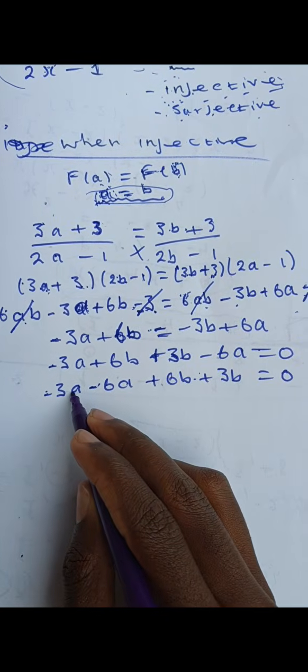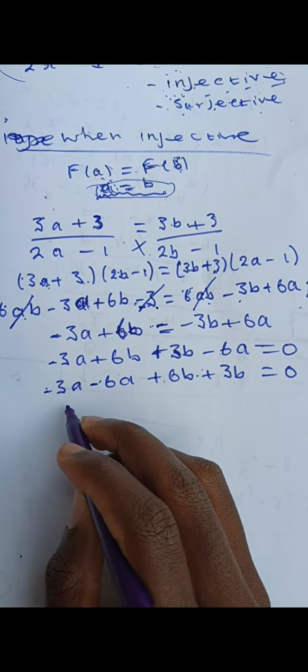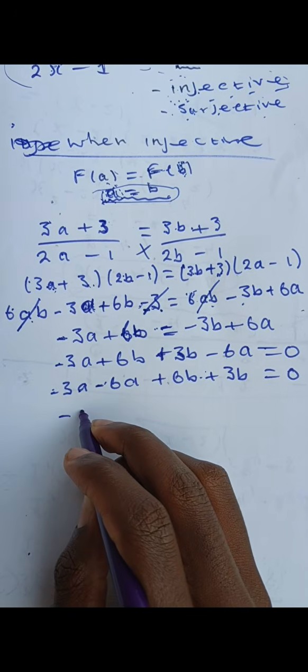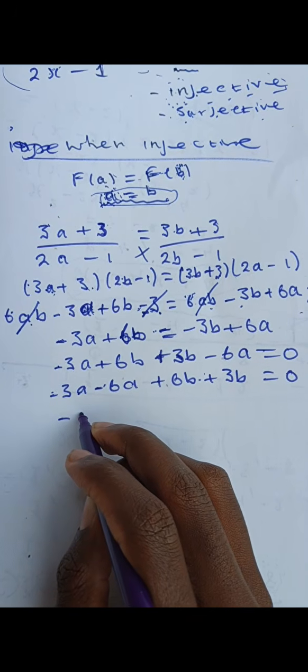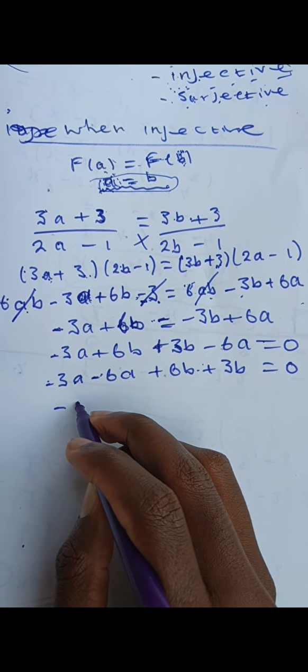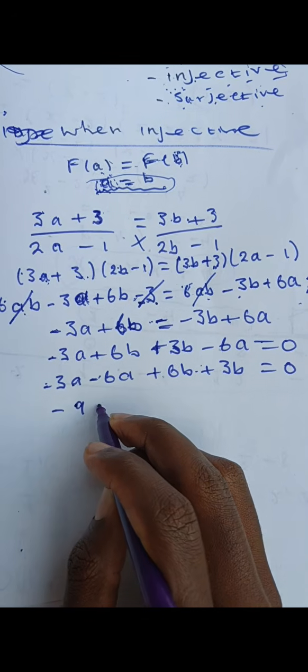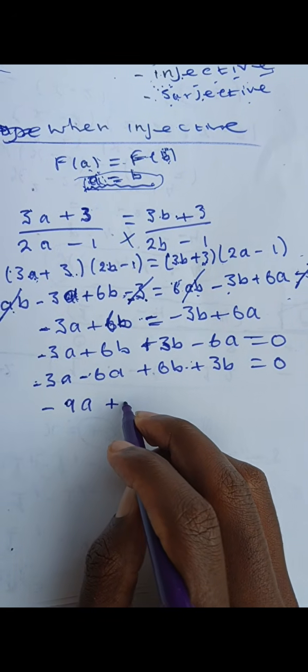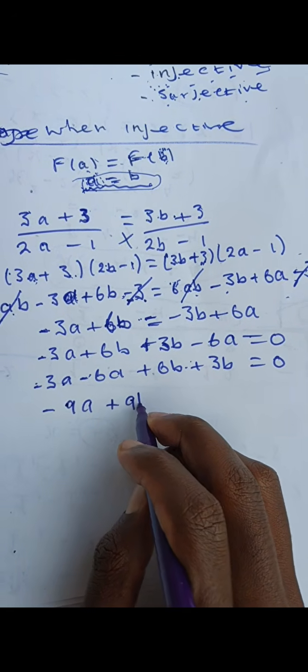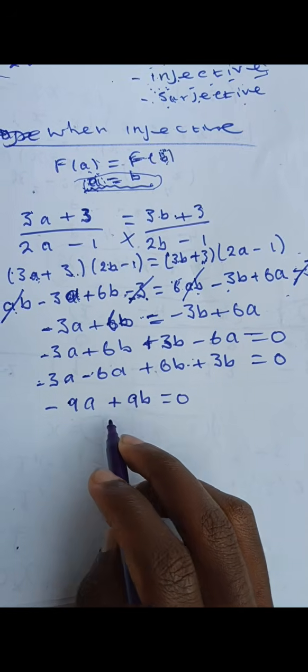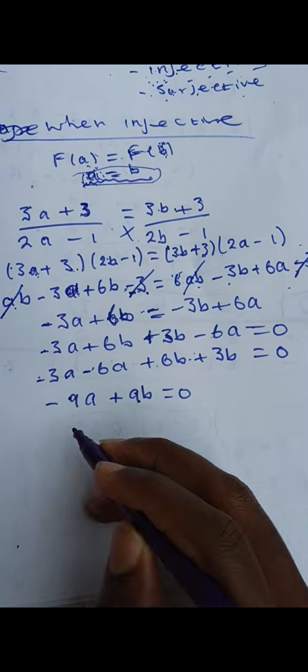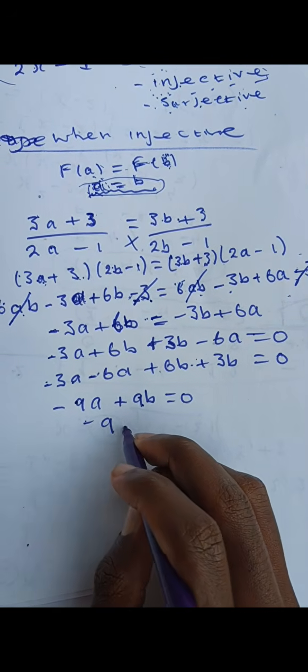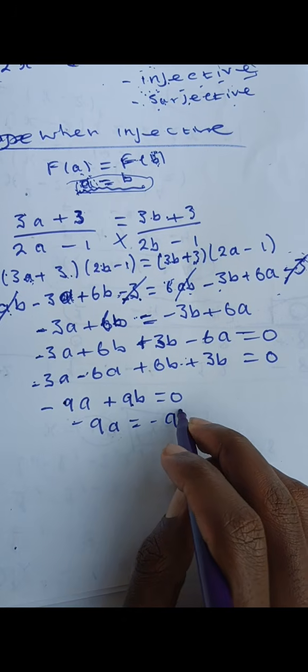So this and this both are negatives. They are going to give us negative what? Negative 9, right? a plus 9b. So let me take this to the other side. I'm having negative 9a is equal to negative 9b.